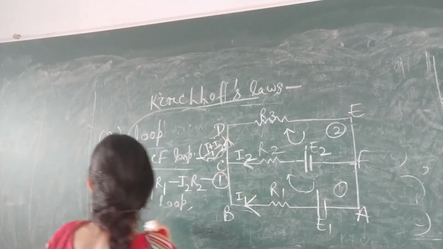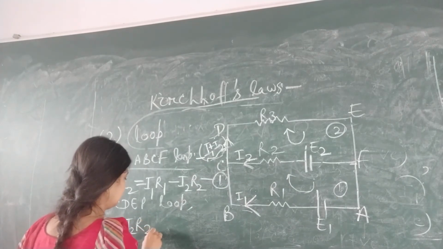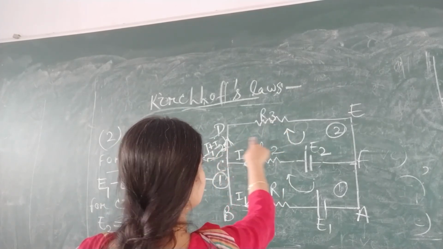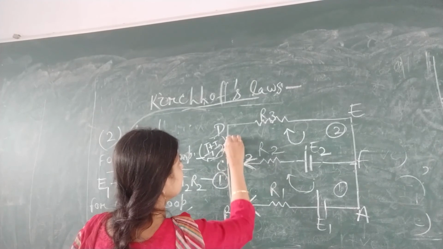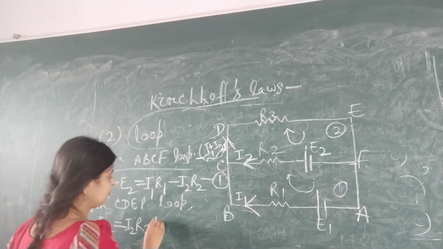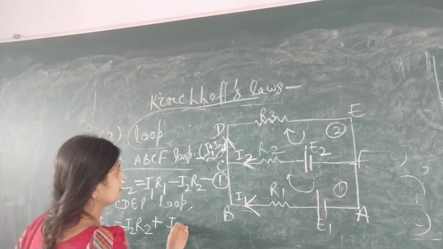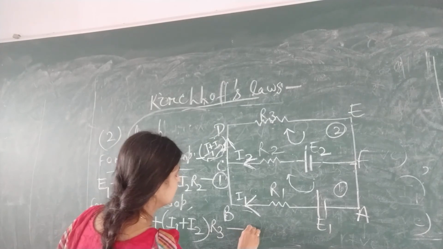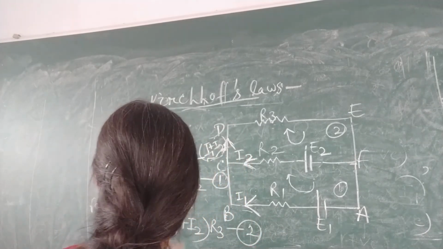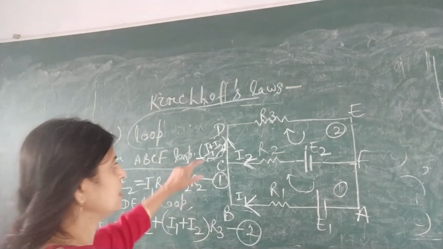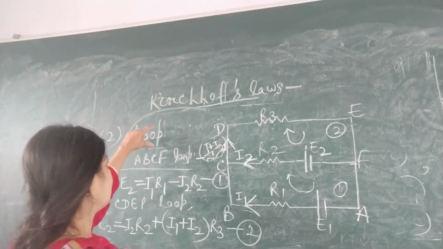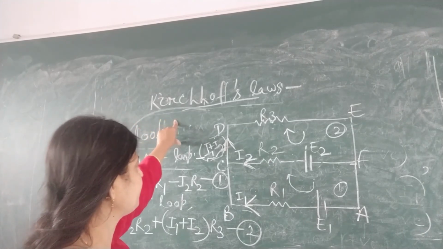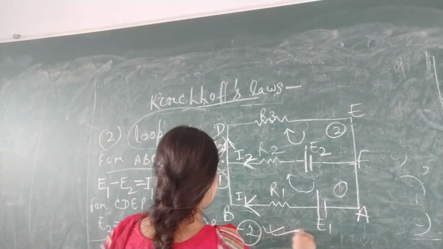I2 R2 and I1 plus I2 into R3, and the direction is the same, so that will be a plus: I2 R2 plus I1 plus I2 into R3. Clear? So in this way we can apply the second rule, which is also called the loop rule, in various situations.